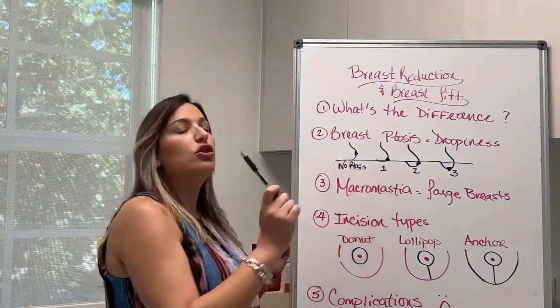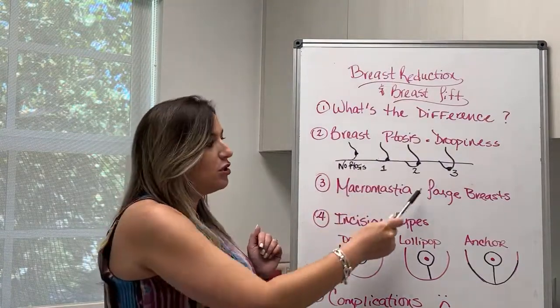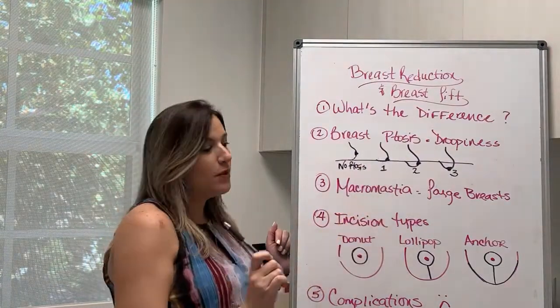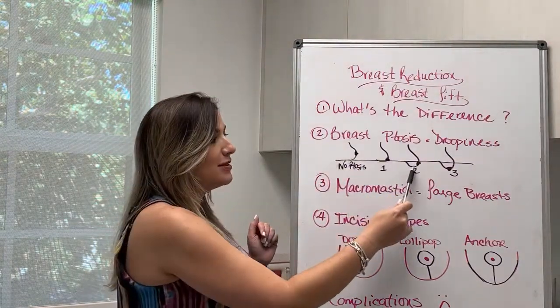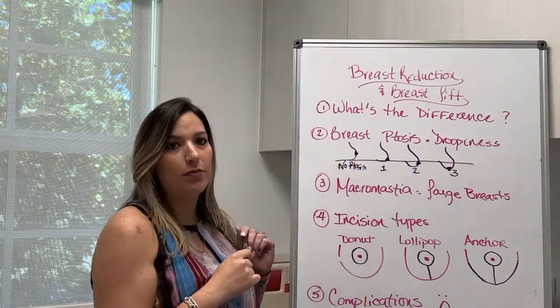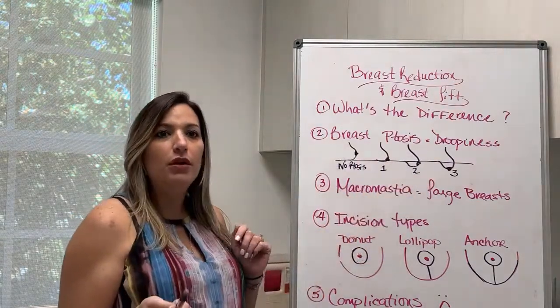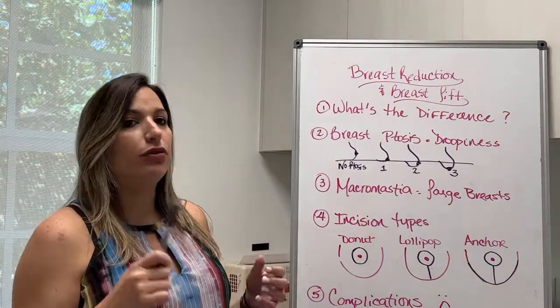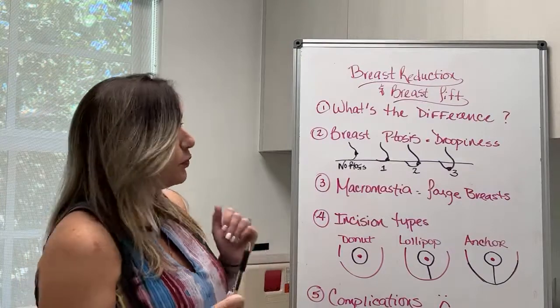When that nipple starts to droop and it's at the level of the fold, that's a grade 1 ptosis, okay? When it's lower than the fold, but it's still not in the most dependent part of the breast, that's a grade 2, and it's usually the most common degree of ptosis after weight loss, time, gravity, and pregnancies, okay?